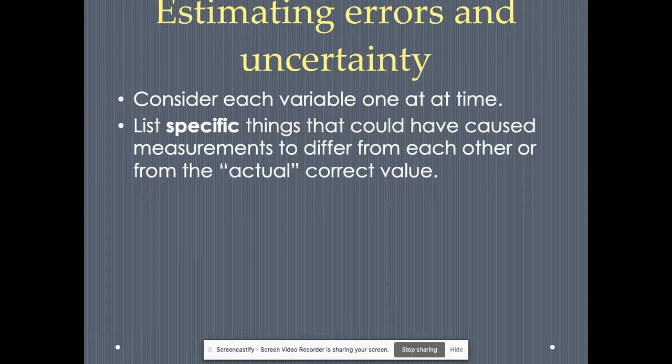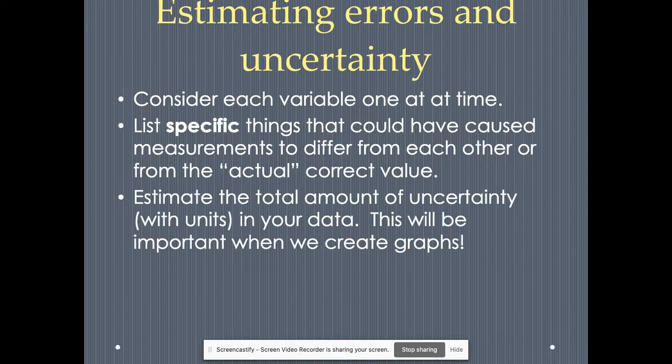The first thing you do is list the specific things that could have caused the measurements to be different from each other or from the actual correct value. So, all the reasons why or how you could have messed up the measurements. And then for each of those, you're going to estimate the total amount that you think you could have been off in your measurement taking. That's called uncertainty.